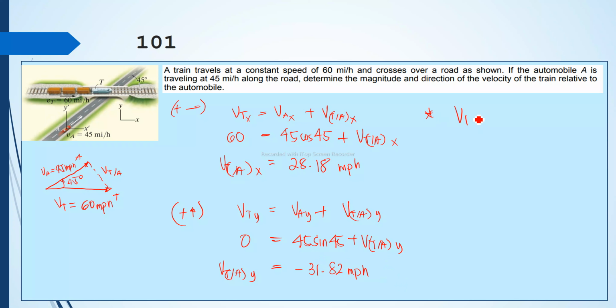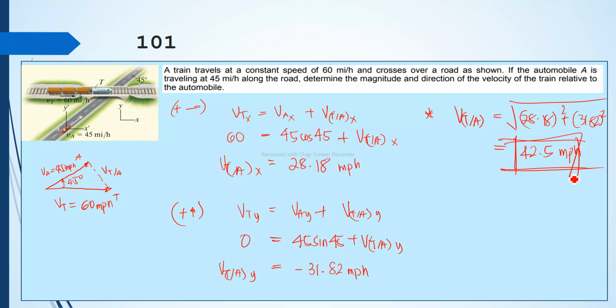Now, the magnitude of the velocity of the train with respect to the automobile is the same thing again. Just square those components, and then eventually you'll arrive at the same answer and at the same direction, which is equal to 48.5 degrees.